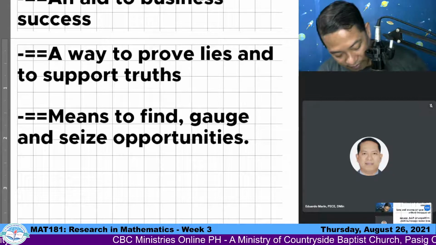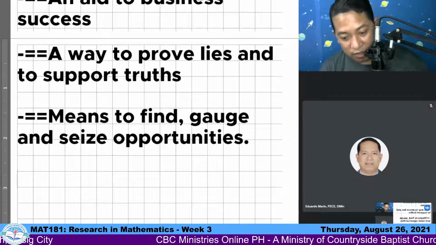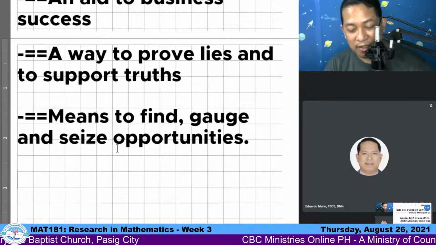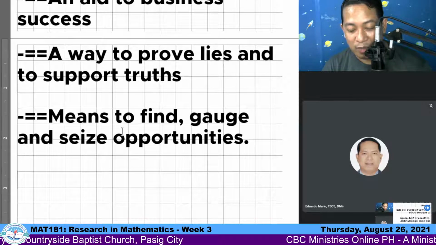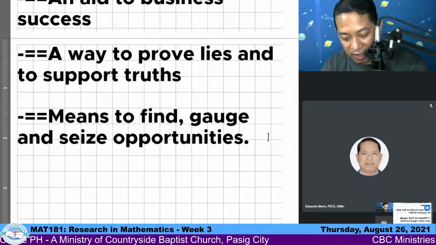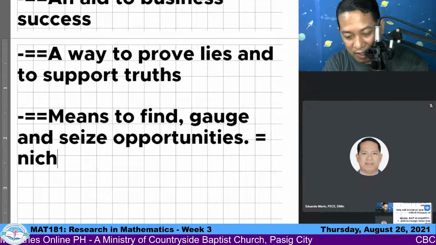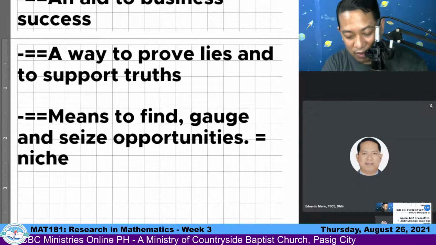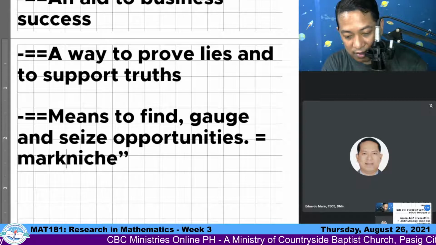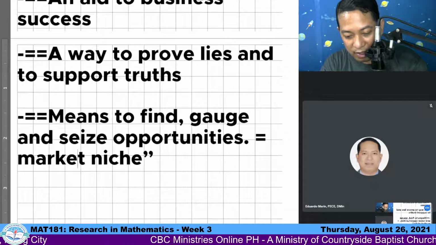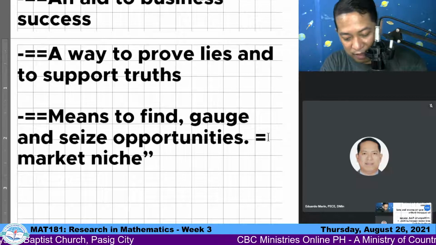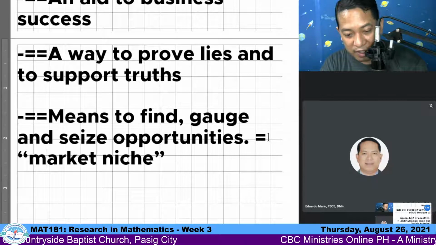Alright. So let's continue, no? So research is used to find, yung para magkaroon tayo ng opportunity. Halimbawa yung niche na tinatawag, no, yung niche sa market. Ito yung kung saan, ano ba yung kakaiba sa'yo na hahanapin ng tao, yung niche. So you have your market niche. Perhaps market niche may be implied also services or product, no?